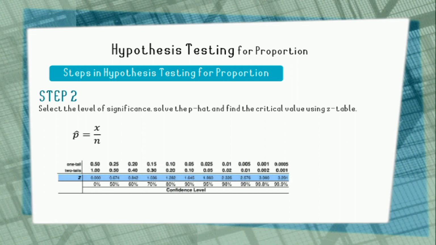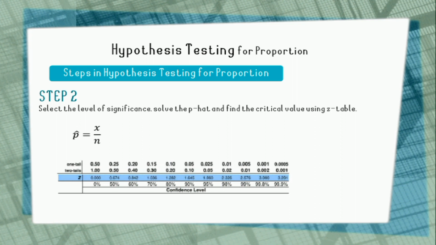So, for example, sa problem, we surveyed 100 teenagers and 54 teenagers responded. So, yung mga nag-respond, which is 54, i-divide natin siya sa kabuoang teenager na sinurvey natin, 100. So, i-divide lang natin yon, and in decimal form, yun yung p-hat natin.